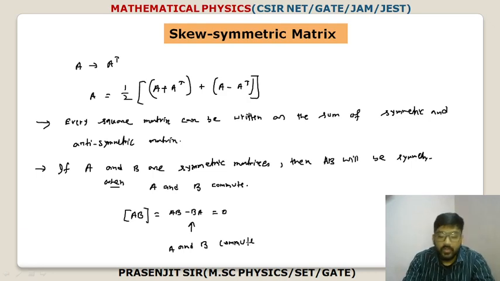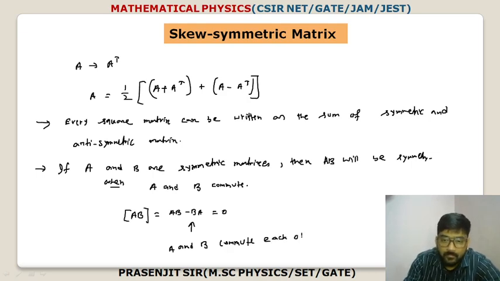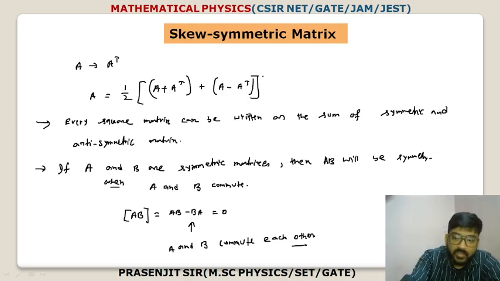This is the condition so that you can tell that A and B commute each other. Okay, so this is something about symmetric and skew symmetric matrix.